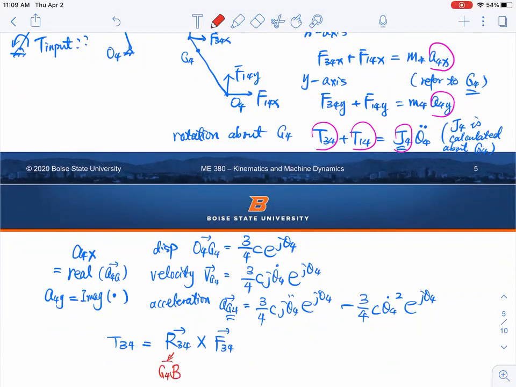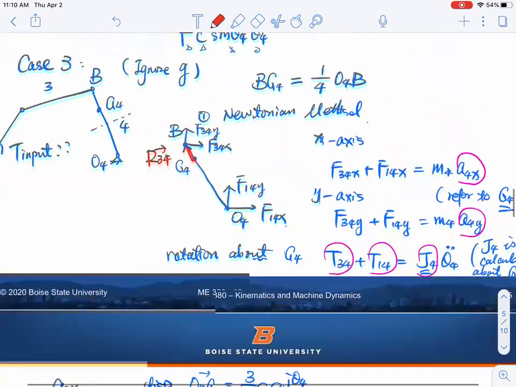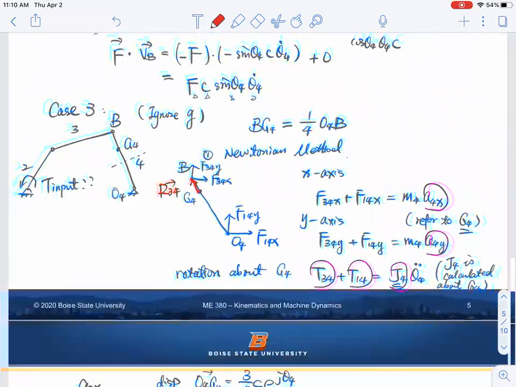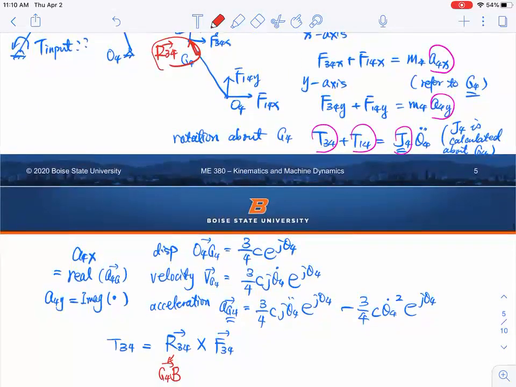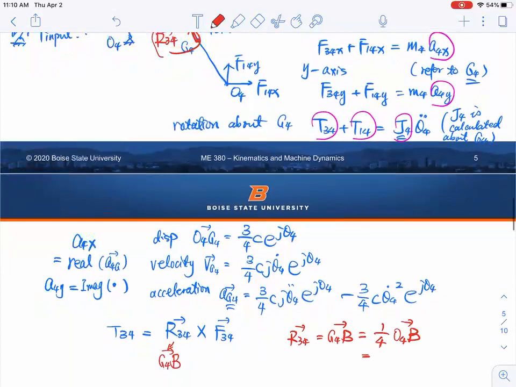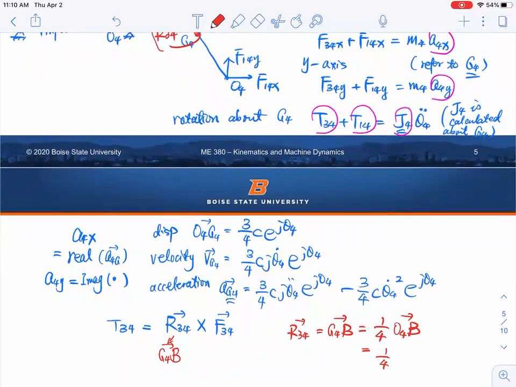So in this case, it is B. So that means it starts from the center of gravity, goes to the B point, okay? So that's your R34 vector. So your R34 equals G4B, which is 1/4 of the total vector O4B. So that's why it's 1/4 C e^(jθ4).